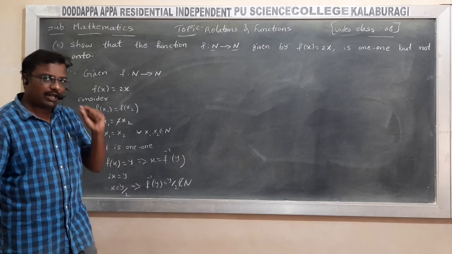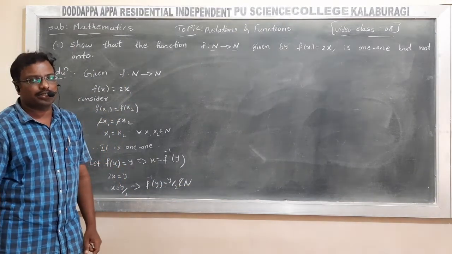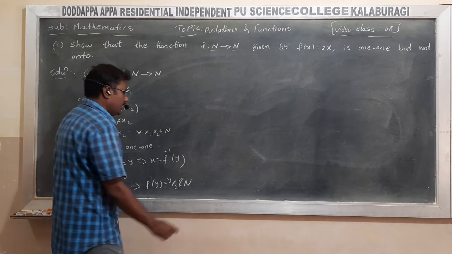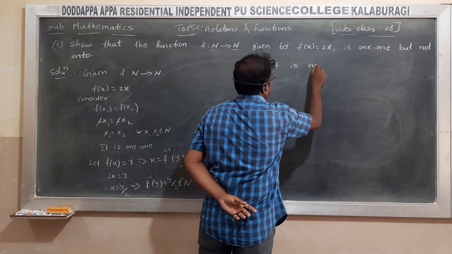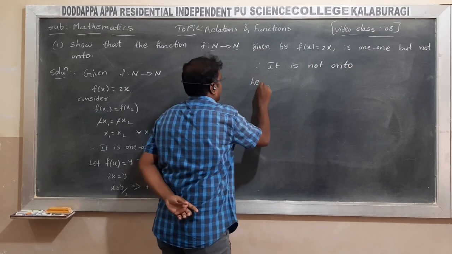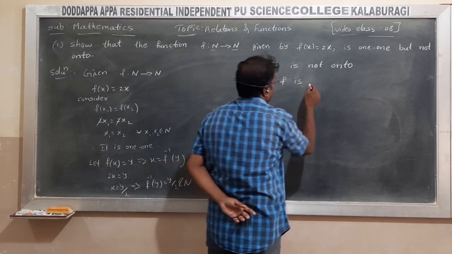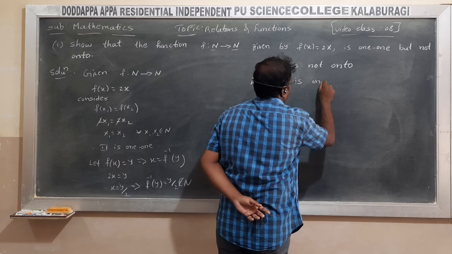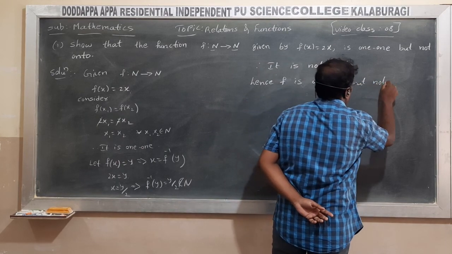If any one value does not belong to natural numbers, then it is not onto. Understood? Therefore, it is not an onto function. Hence, the given function is one-one but not onto.